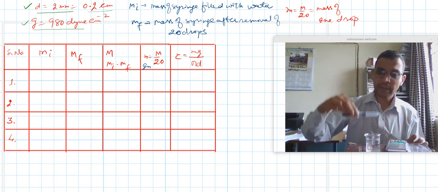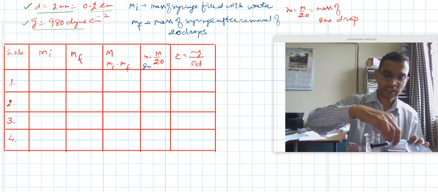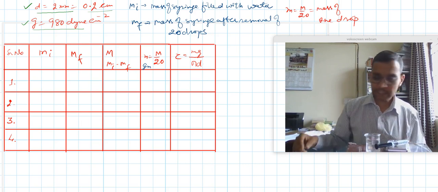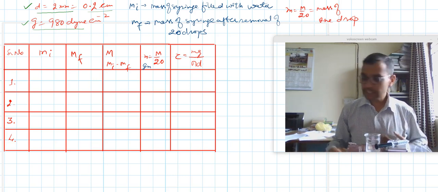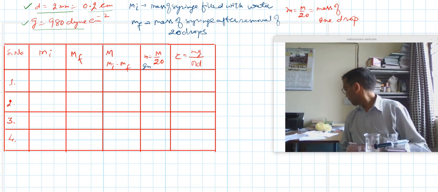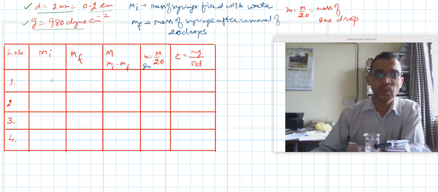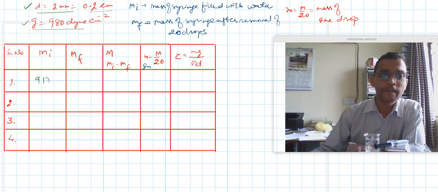It is set at 0, and I placed the syringe on it. It weighs 9.12. It is its mass in gram, 9.12.